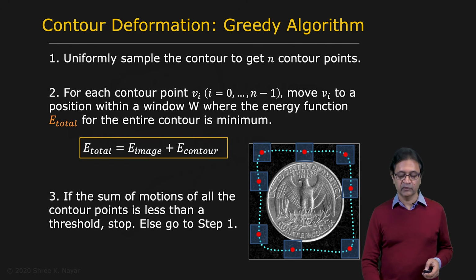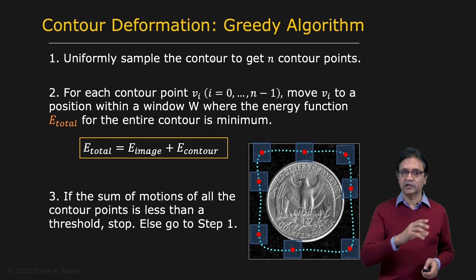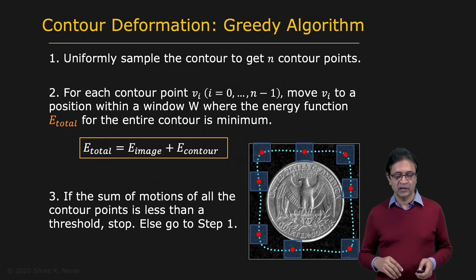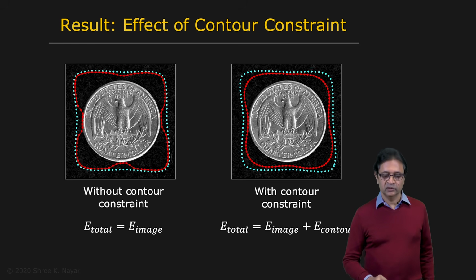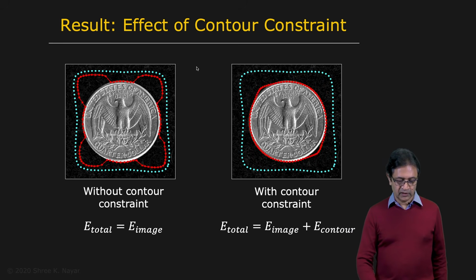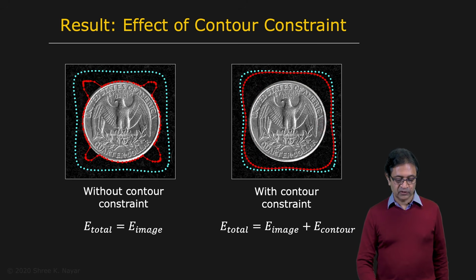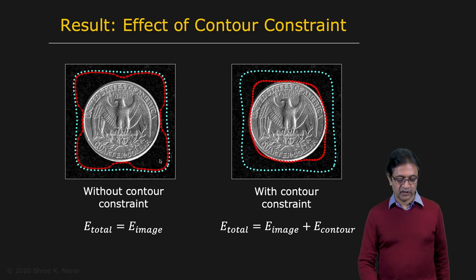And repeat, keep going. So let's see how this works, and in particular compare it with our previous scenario of not using the bending energy. Here on the left, you see how the algorithm works by just using the image term. So there is no contour term right here. And you see the problem that we had in the past, which is you end up getting these knots right here.